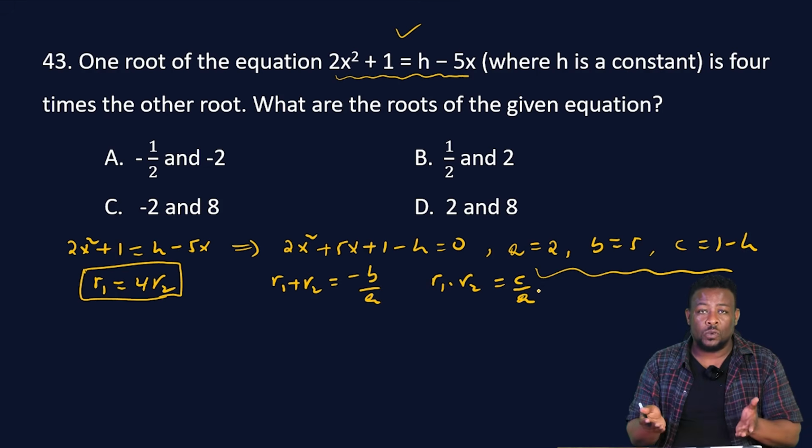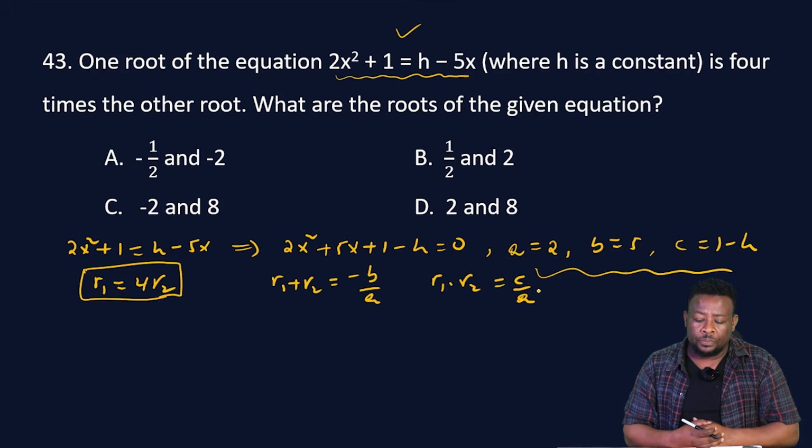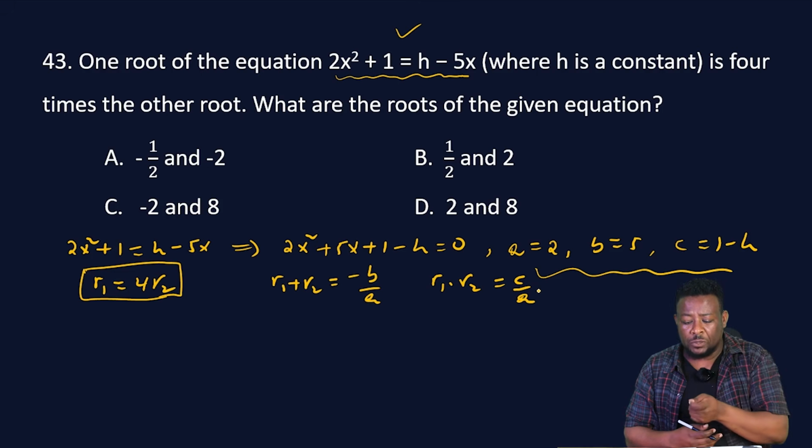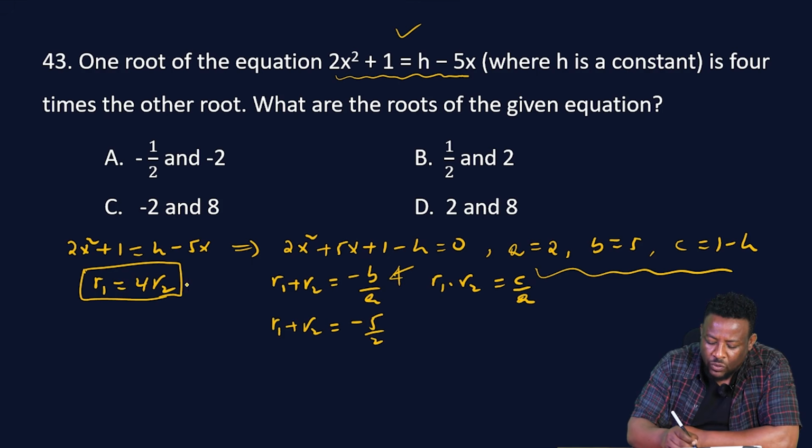Okay, you can prove this thing by taking the quadratic equation formula, right? So r1 plus r2 is minus b over a ከሆነ we can directly substitute a and b here. Okay, እዚህ ጋር a እና b መተካት እንችላለን. So r1 plus r2 is minus 5 over 2. Okay, now in place of r1 we can substitute 4 times r2.